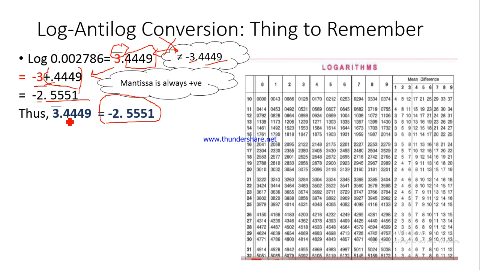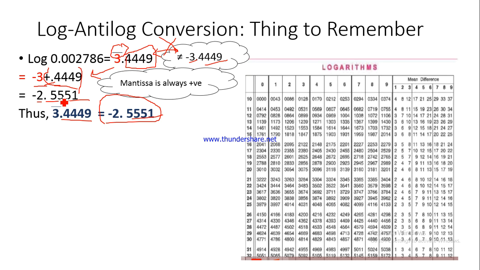Why? Here 3 bar means only 3 is a negative term. The remaining portion is positive. Here minus 2 is negative and the remaining portion is also positive. So this is what we have found out here. Minus 2.5551 is same as 3 bar 0.4449, and I have given you the whole methodology. Right? Now where can these kind of issues come up?